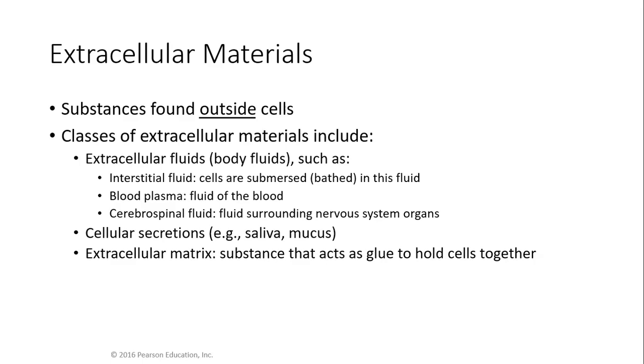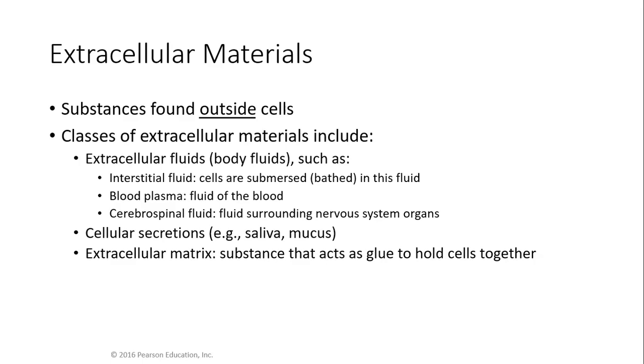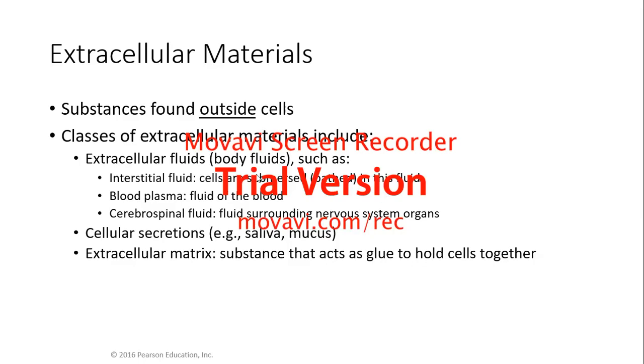What happens at these capillaries, which are very, very thin, is that it's easy for fluid to get pushed out, especially if there's a lot of high pressure. That fluid that gets pushed outside of the capillaries becomes what's called interstitial fluid.